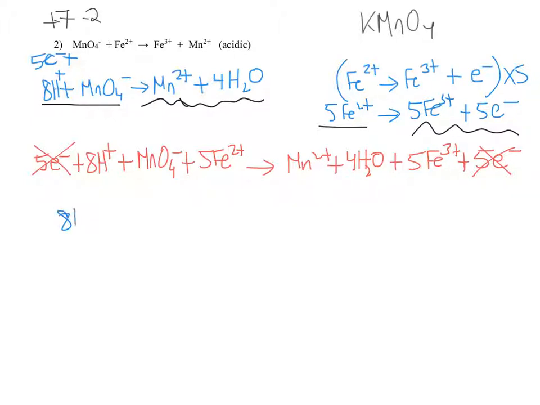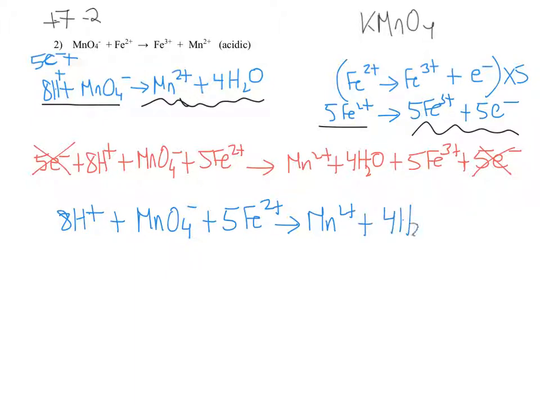So 8 H+ plus MnO4- plus 5 Fe2+ yields Mn2+ plus 4 H2O plus 5 Fe3+.